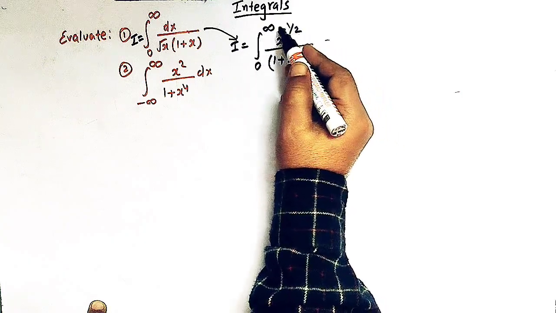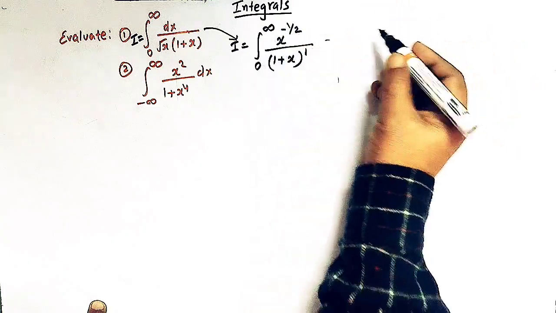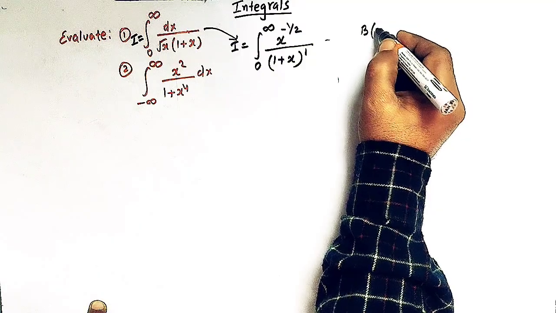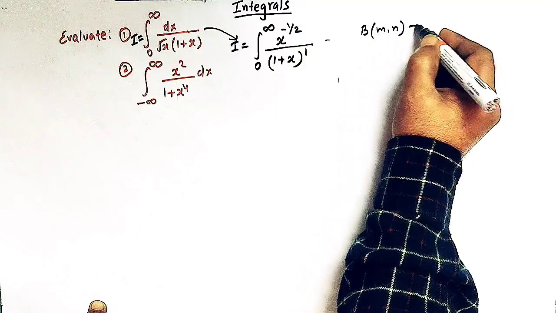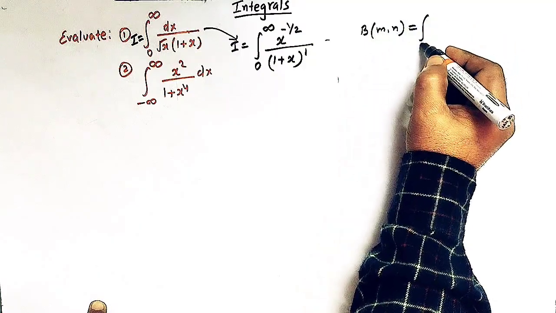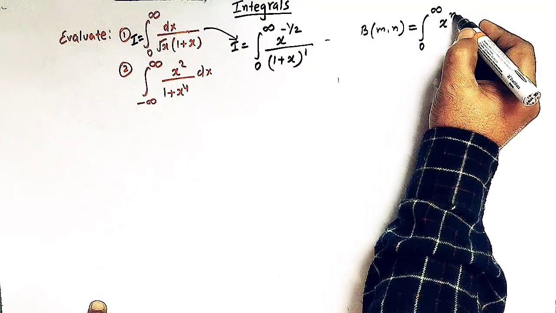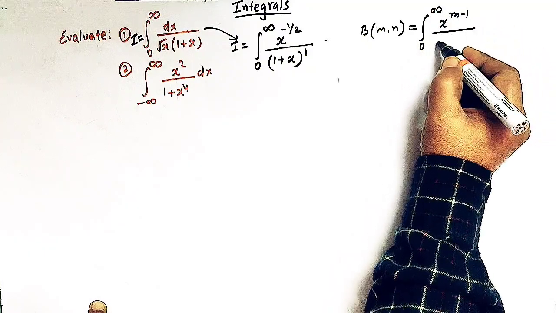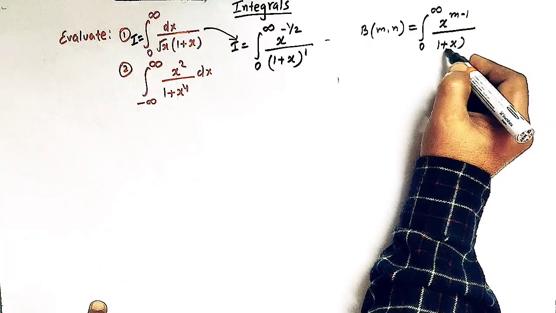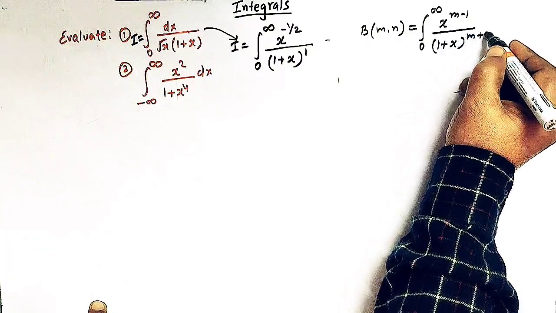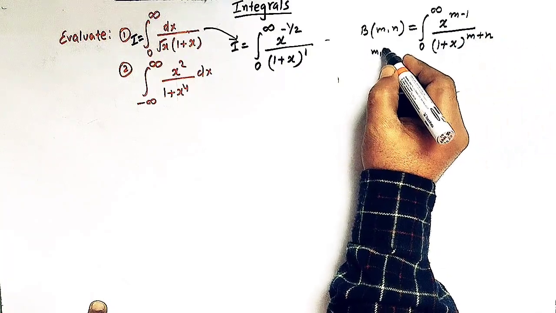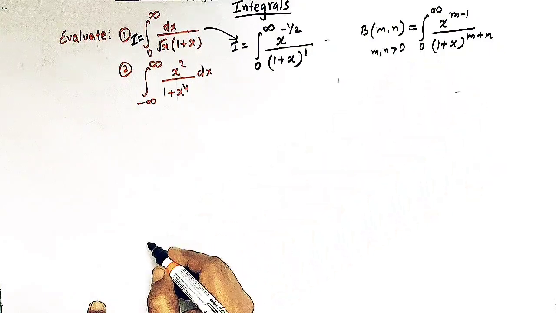write this integral as the definition of beta function, that is beta m comma n is given by this integral 0 to infinity x raised to m minus 1 over 1 plus x raised to m plus n, where m and n are greater than 0.